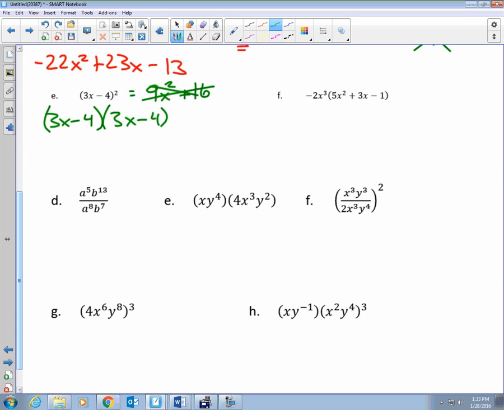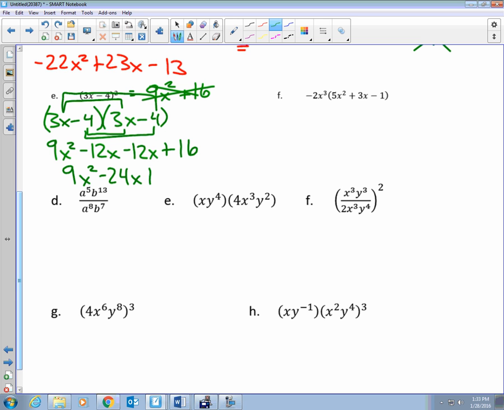So now it changes things, doesn't it? Exactly. We're going to FOIL all the way through. 3x times 3x is 9x squared. Minus 12x. Another minus 12x. Whenever you square something, the two middles should be the same. And then negative 4 times negative 4 is positive 16. So 9x squared minus 24x plus 16.